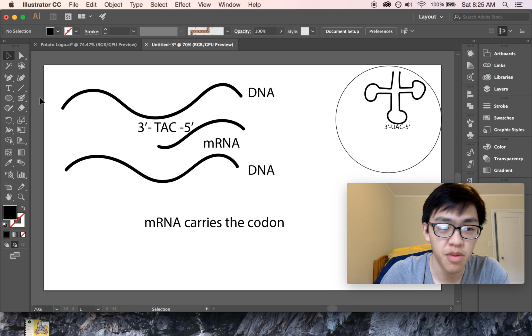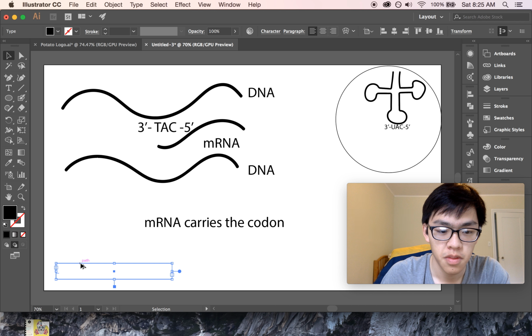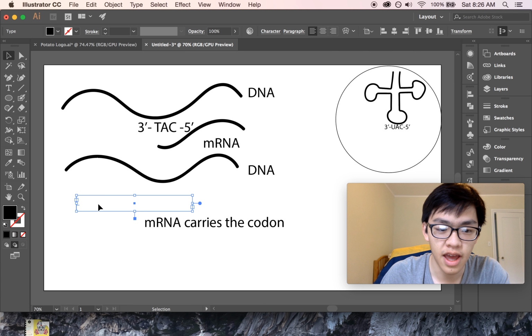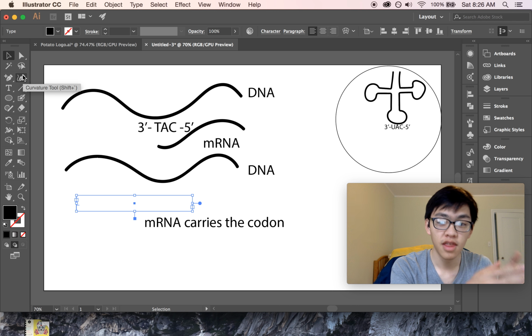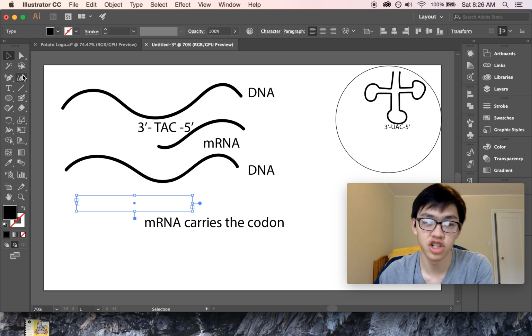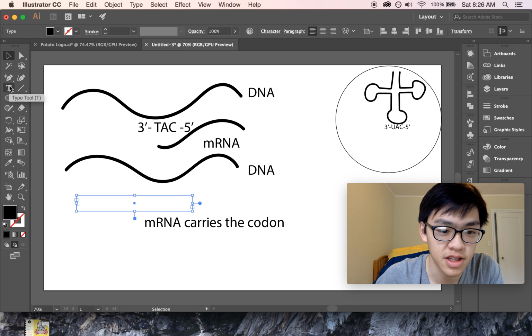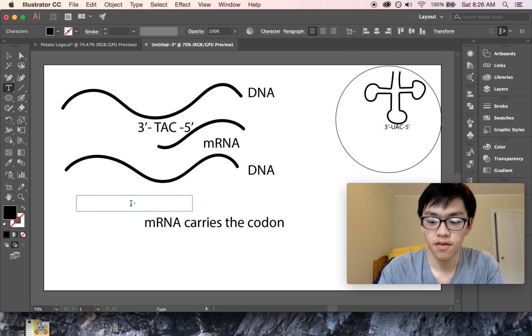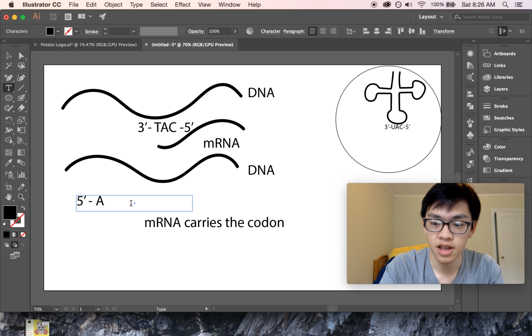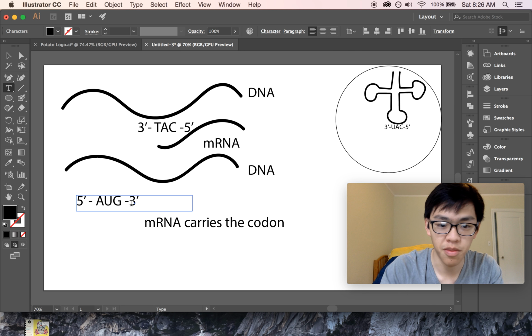So we would expect to see the AUG on the mRNA going from 5' to 3', meaning the 5' phosphate, then the A, then the U, then the G. And that's exactly what we see. Let me put that in. 5' phosphate first, then the A, then the U, then the G. And then here's a 3' end.